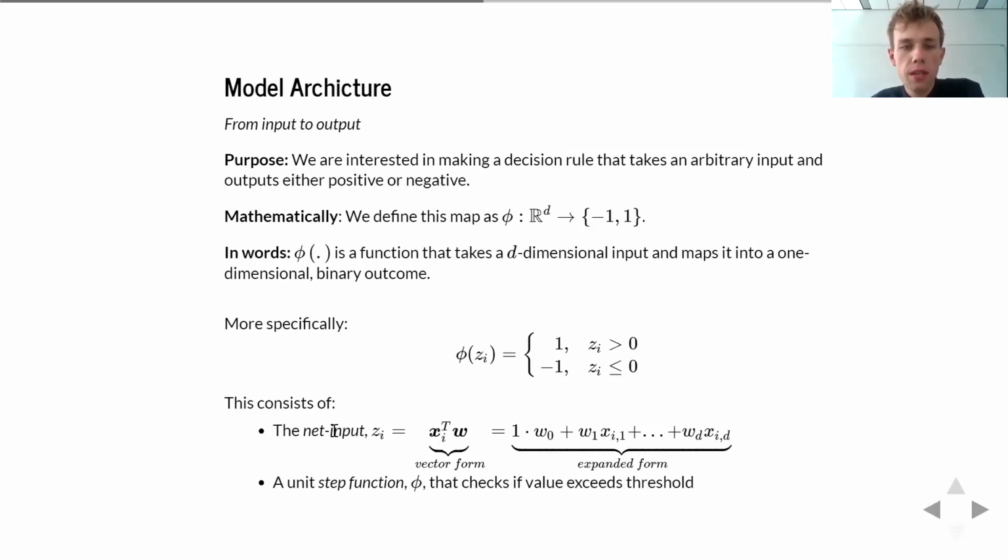This net input is simply given by this linear index here, and this is something that you will recognize from linear models, for instance, when you work with econometrics. It's simply a dot product between our features and our weights. So it looks like the following.